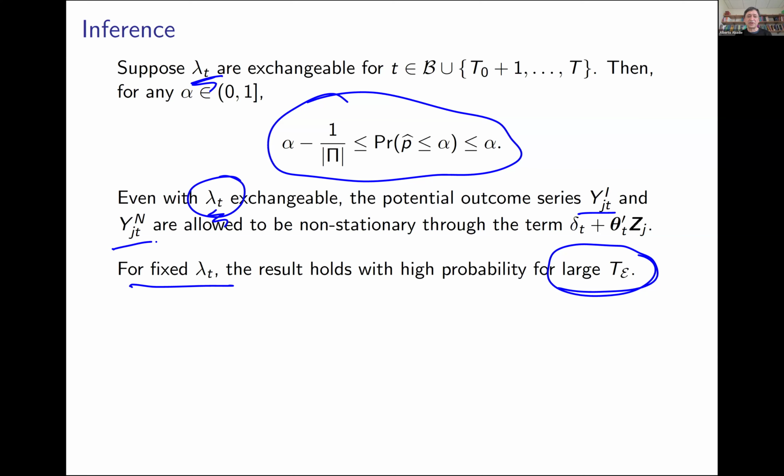In fact, they can be non-stationary through the term delta T plus tau T times C J. So they may show trends and complicated seasonality patterns, something that the previous results in the literature didn't allow. The previous results in the literature restricted the Y's to be IID in the absence of the treatment.